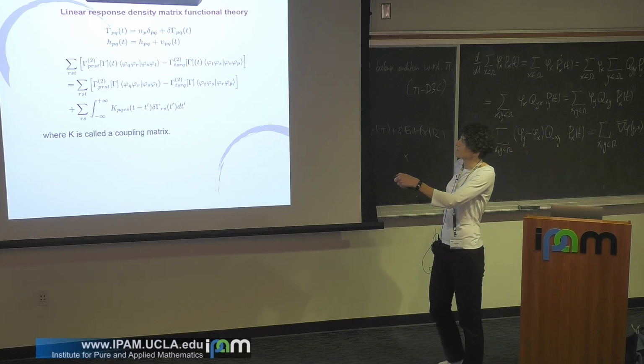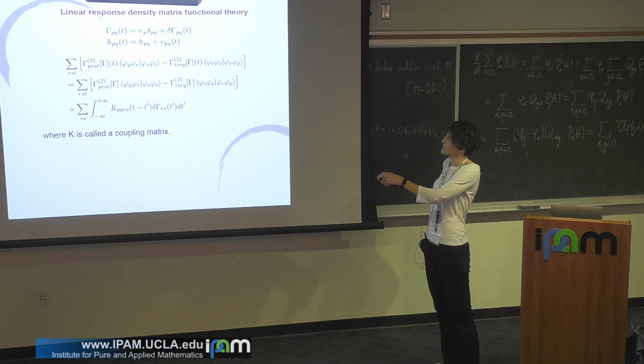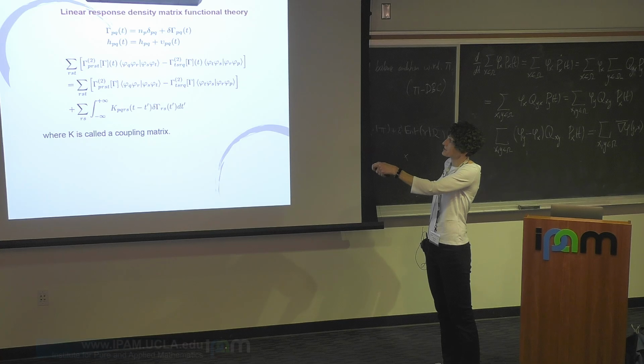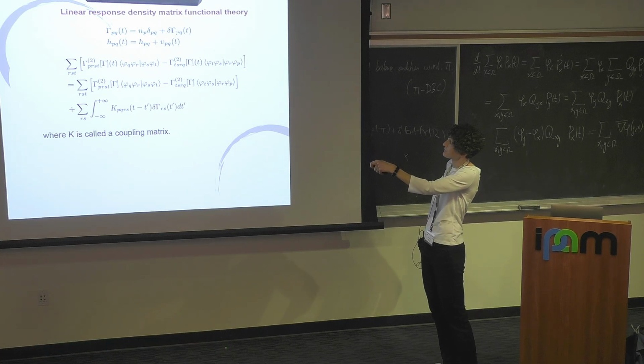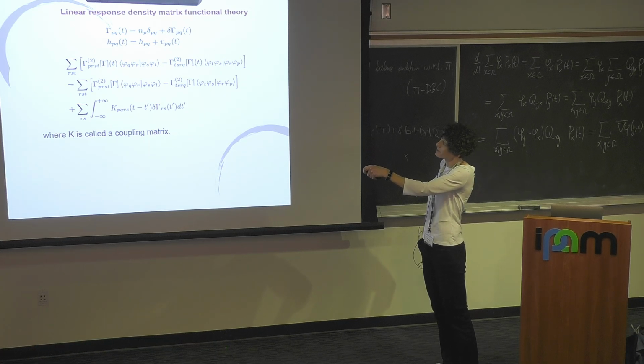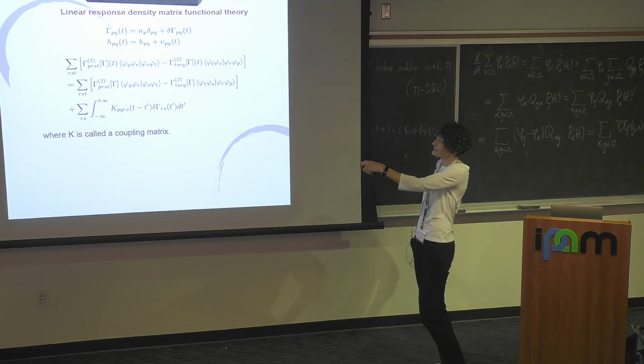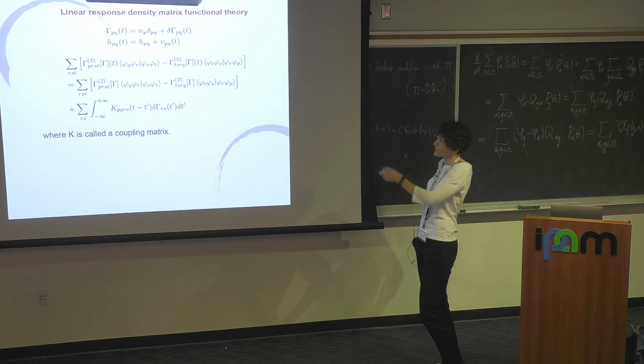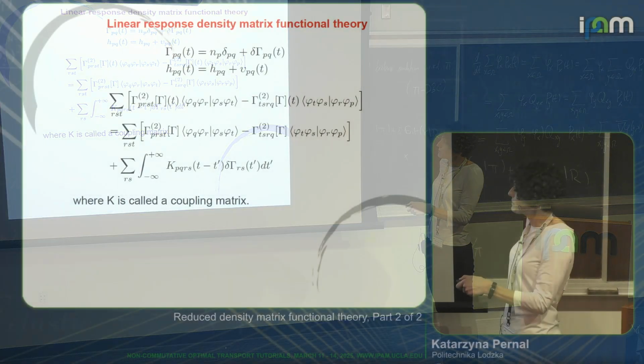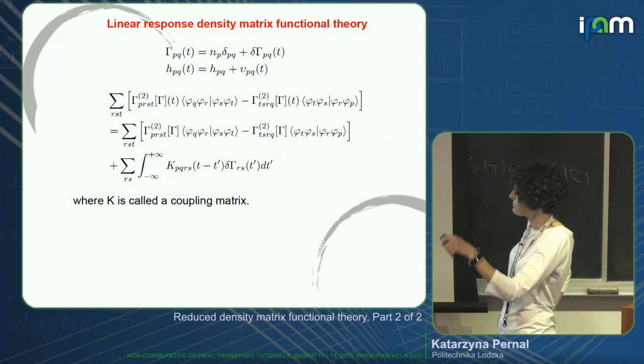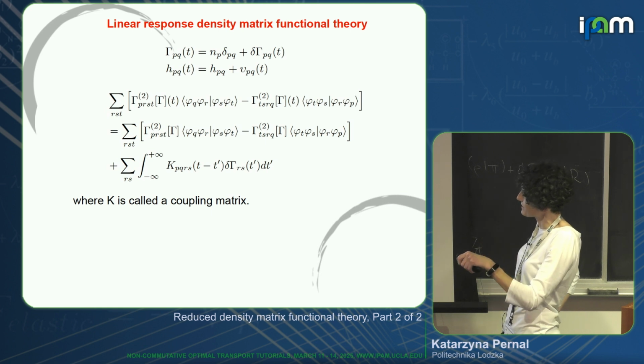It's almost automatic. You expand the one RDM into a zero-order term and a first-order term. For the Hamiltonian, we have the zero-order Hamiltonian elements, and the first order is the perturbing potential. Now we have to expand what we have on the right-hand side of the equation.